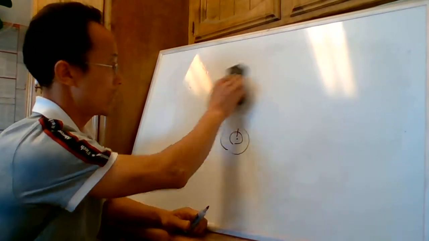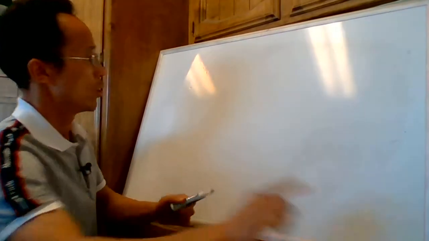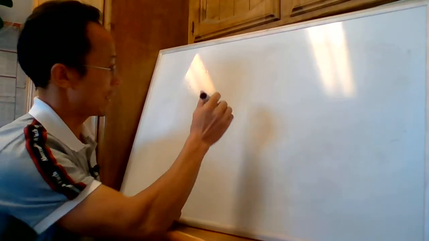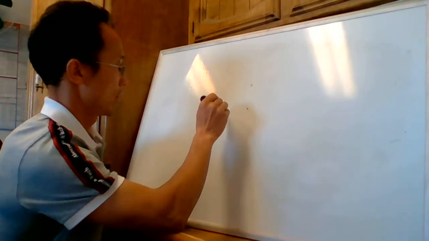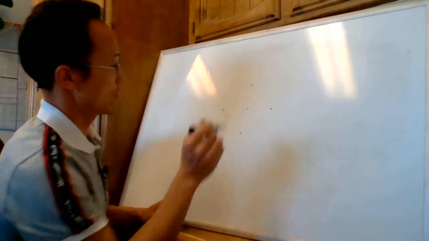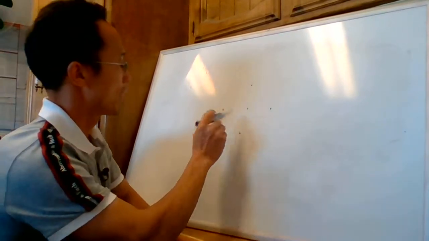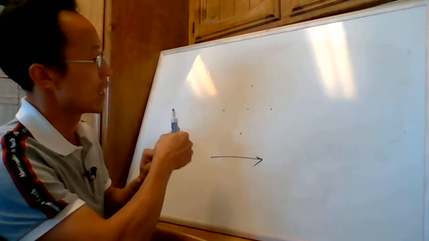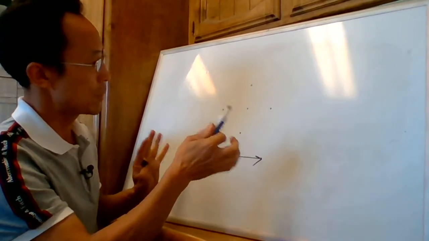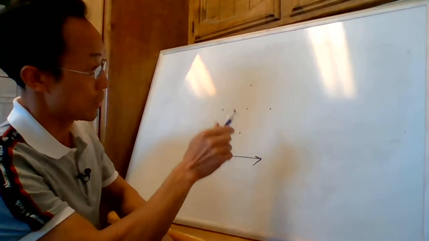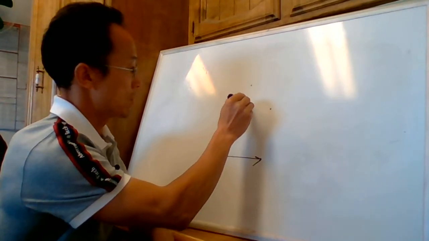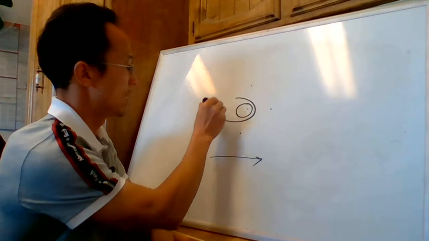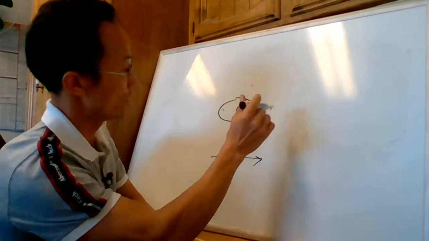Now, let's look at a different scenario, which is things moving really fast at close to the speed of light. The basic construct of our space-time. When we're moving really fast in this direction, space frames are still coming out at the speed of light, but since we're moving close to the speed of light, these space frames will no longer look like circles. They will look elliptical because we move in this direction.